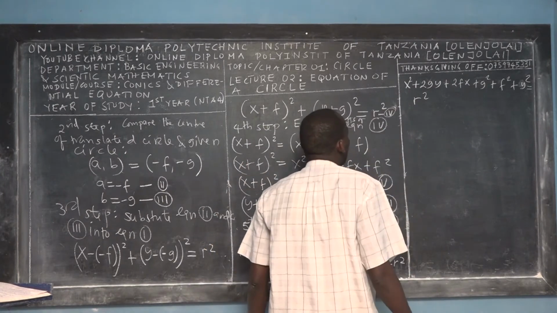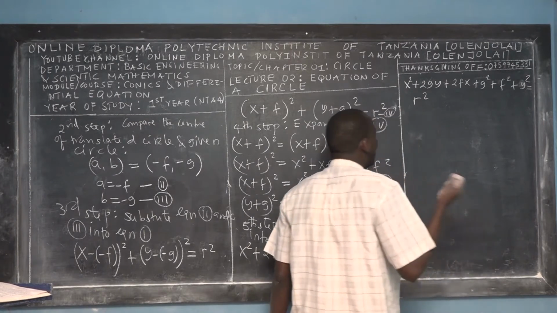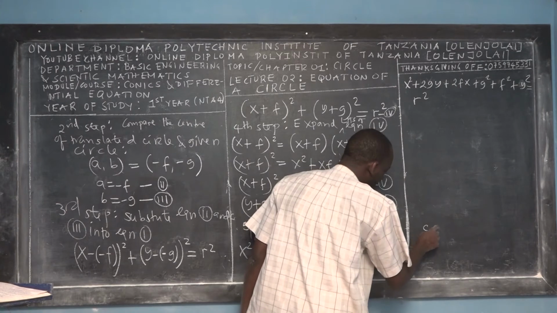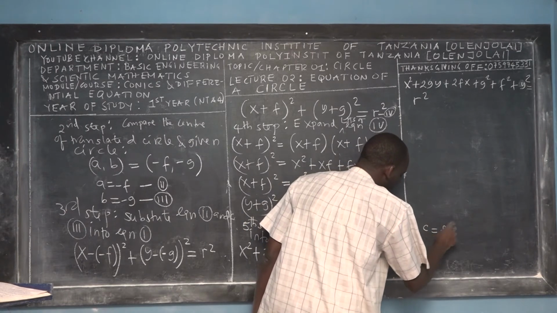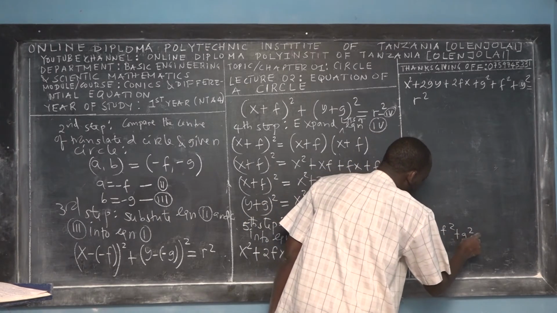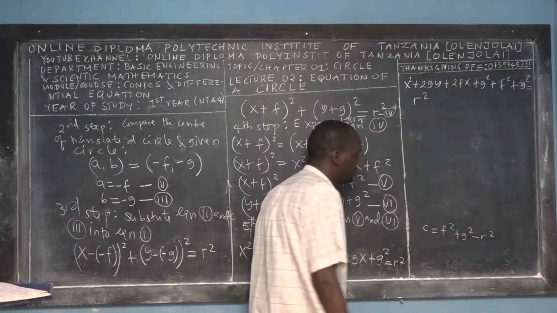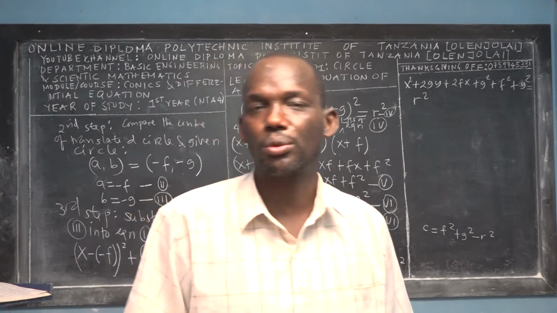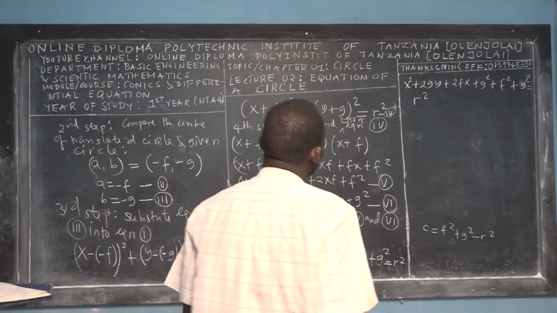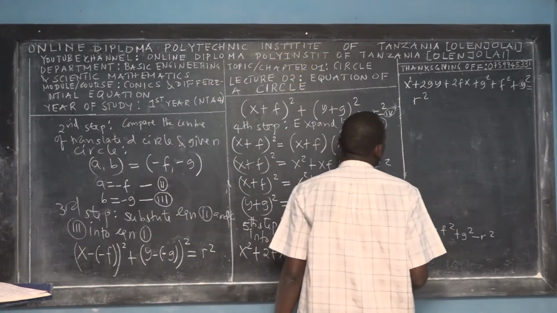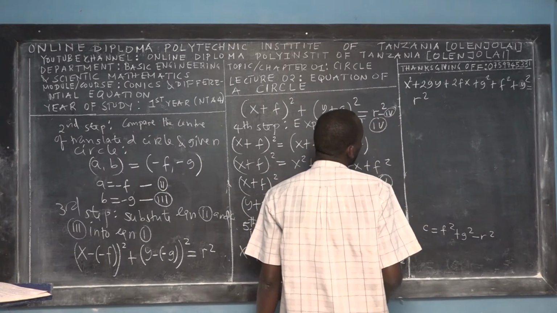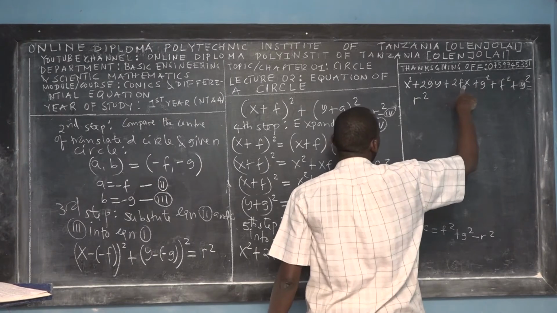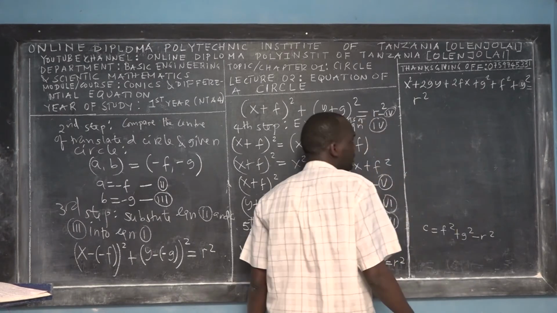Okay, because we have another aiding equation, if you remember, you'll be given that c is equal to f squared plus g squared minus r squared. We call it an assisting equation in your proof. Okay? So if that's the case now, we should make x squared plus y squared plus 2gy plus 2fx the subject.